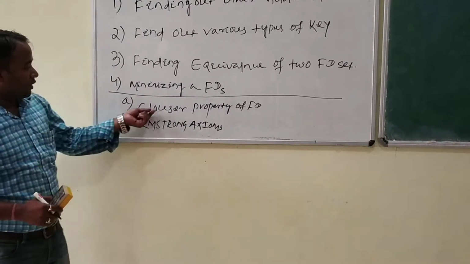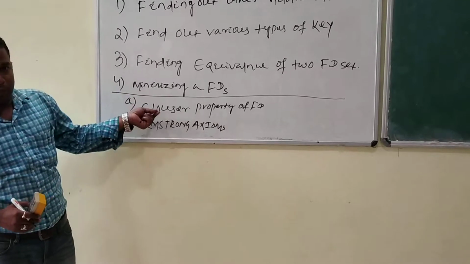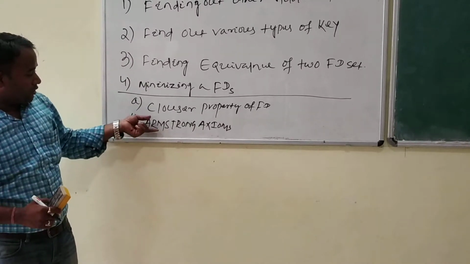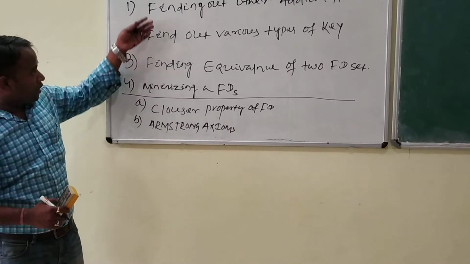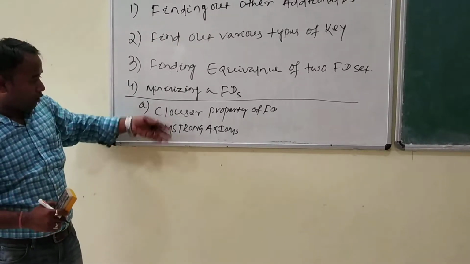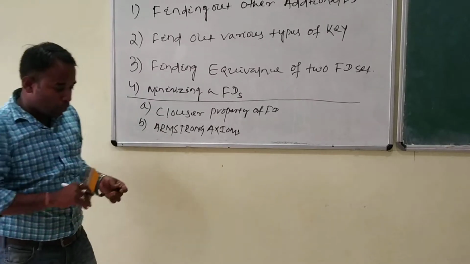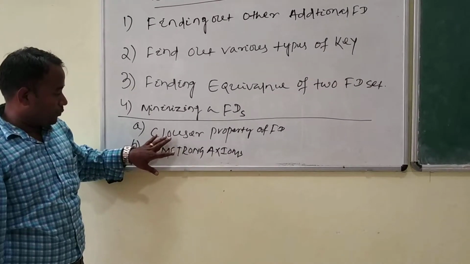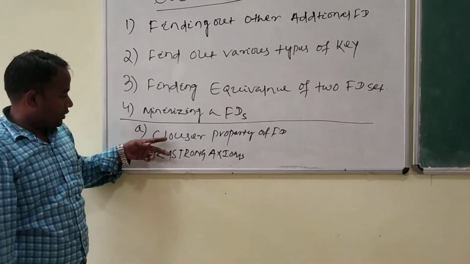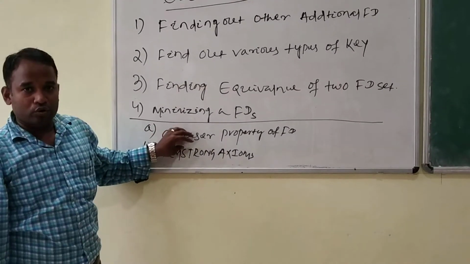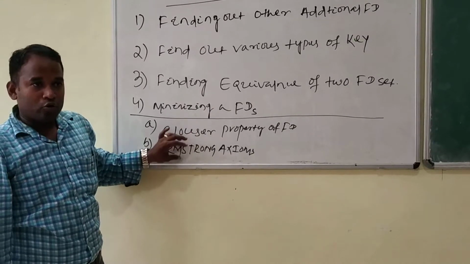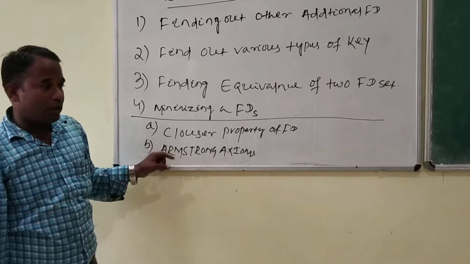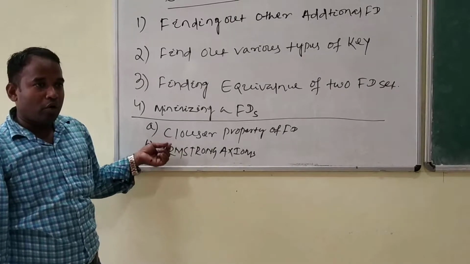We'll discuss what the closure property is, and how through the closure property we can achieve these four uses. Similarly, we will discuss Armstrong axioms and how we achieve these four uses through them. But of these two methods, we will focus more on the closure property. Although Armstrong axioms are helpful, sometimes you may end up with errors, as it may not be applied properly.